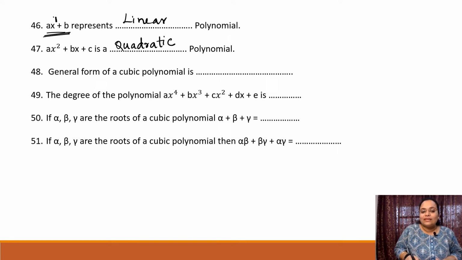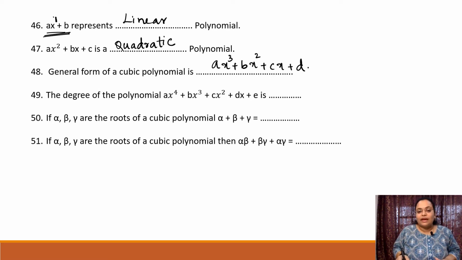So the next one is the general form of a cubic polynomial. So what is the general form of a cubic polynomial? That is ax cube plus bx square plus cx plus d, right? Because the cubic polynomial will have the power 3.